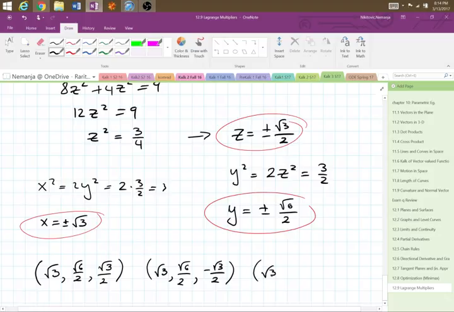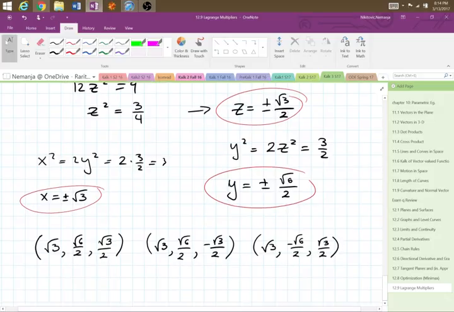Root 3? No. We are all in this suffering together. Negative root 6 over 2, negative root 3 over 2.